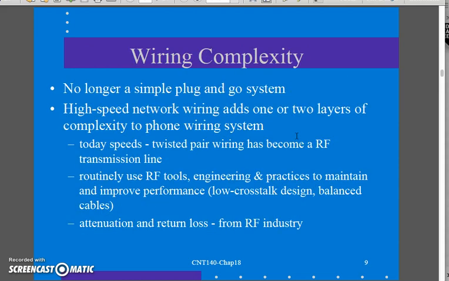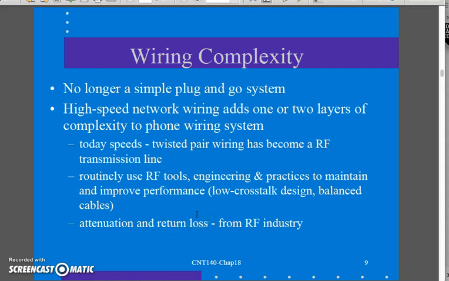So because of that, we no longer have just a simple plug it in and go. Things have to be done correctly for everything to work, as we've been learning all semester. With the bandwidths of twisted pair, we're pushing pretty much into the RF transmission category. We routinely use RF tools, and we routinely use RF measurements, dealing with return loss, attenuation, all those things.